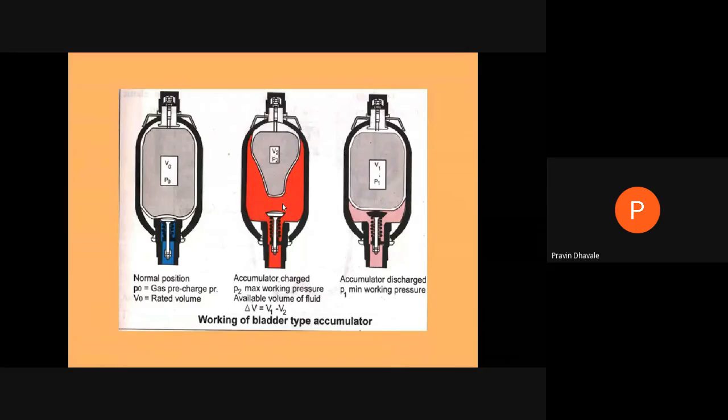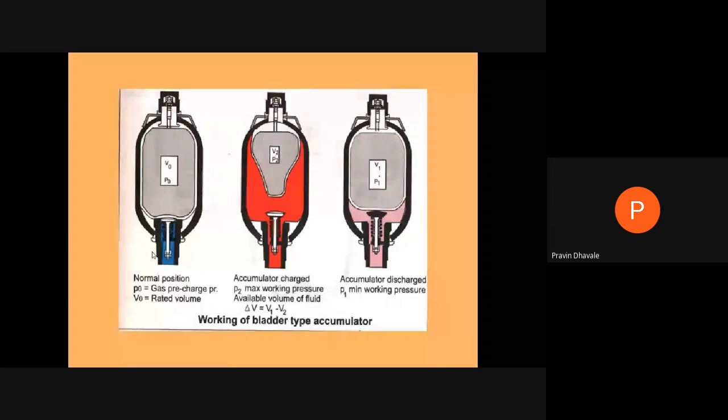Where is it used? The bladder type accumulator is used in the suspension system, or wheel suspension system, of an automobile. In that particular application, we can use the bladder type accumulator.